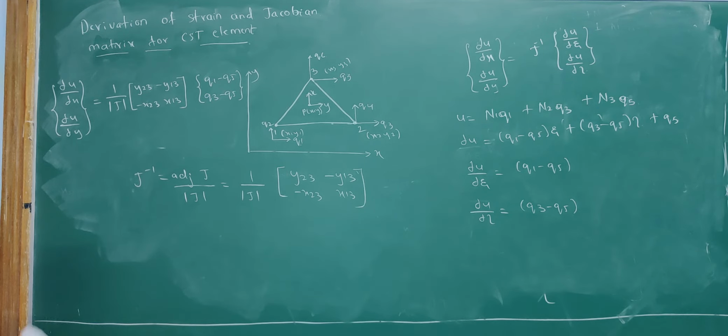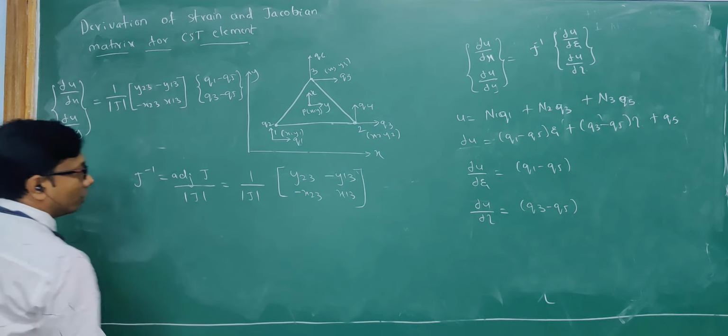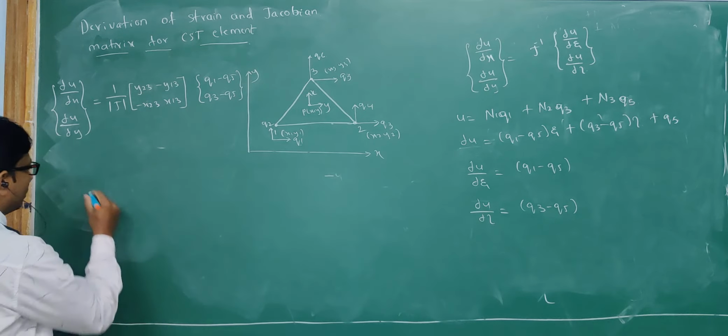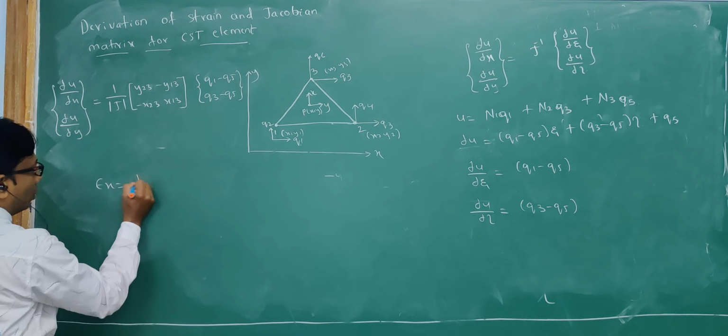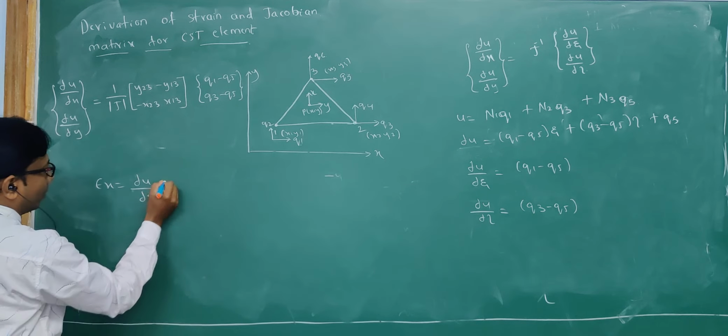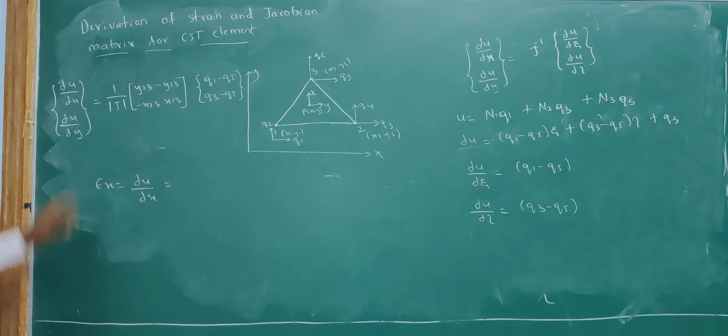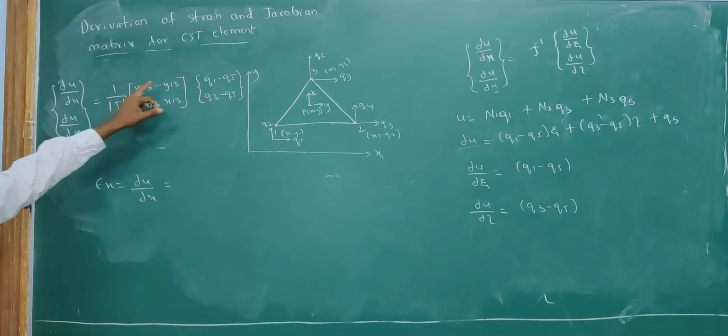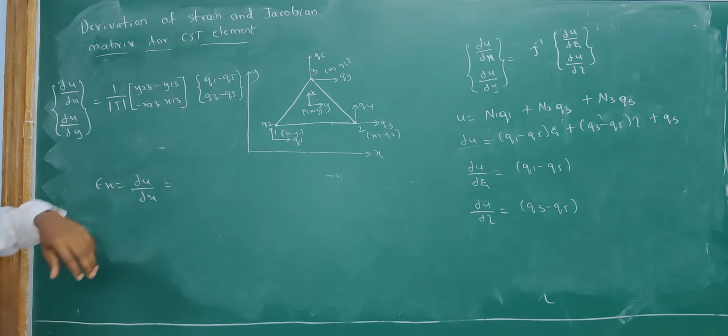Next, from this we need to find out epsilon x. Epsilon x is nothing but dou u by dou x. So you have to take only the outer parameters, that is y23 into q1 minus q5, like that.